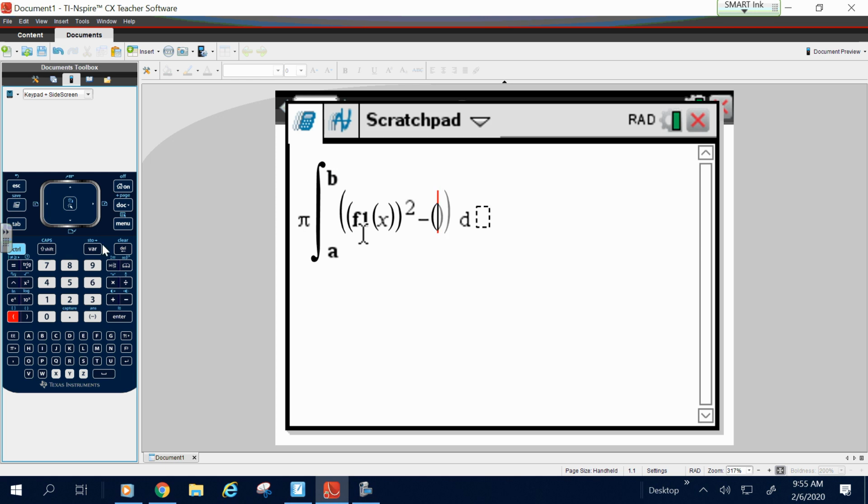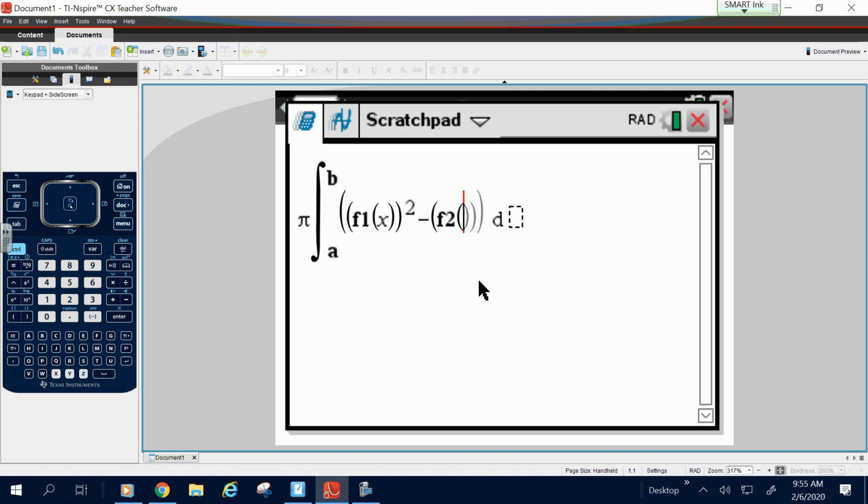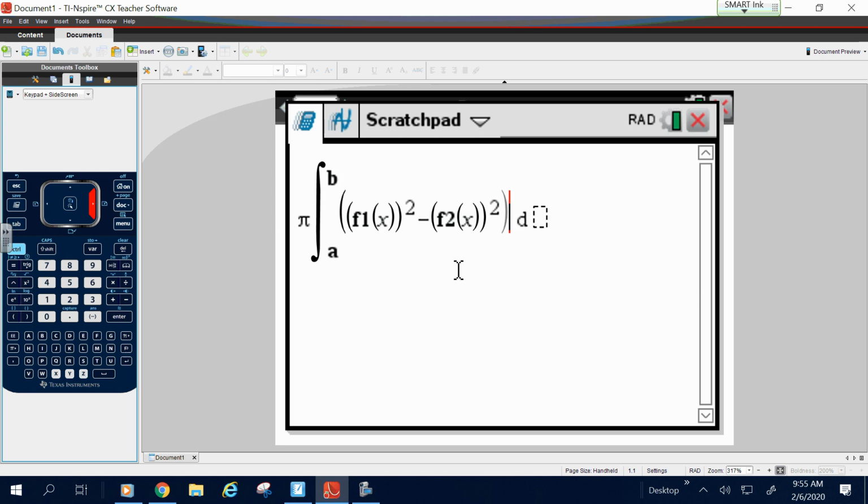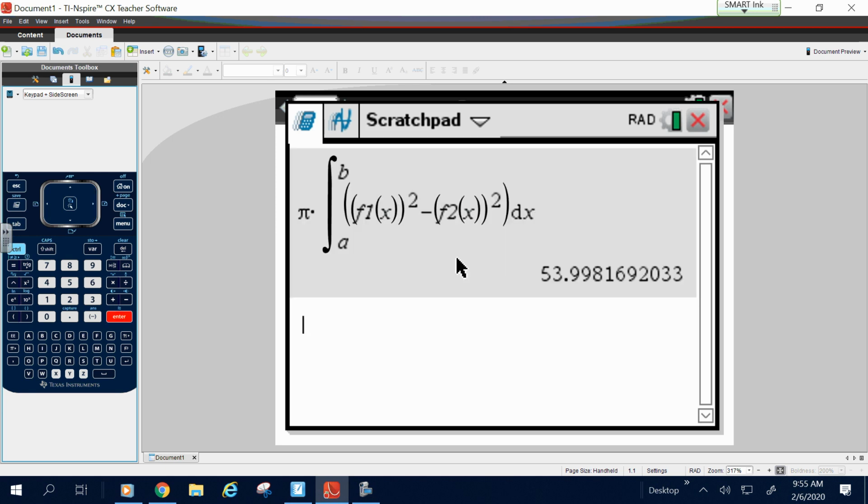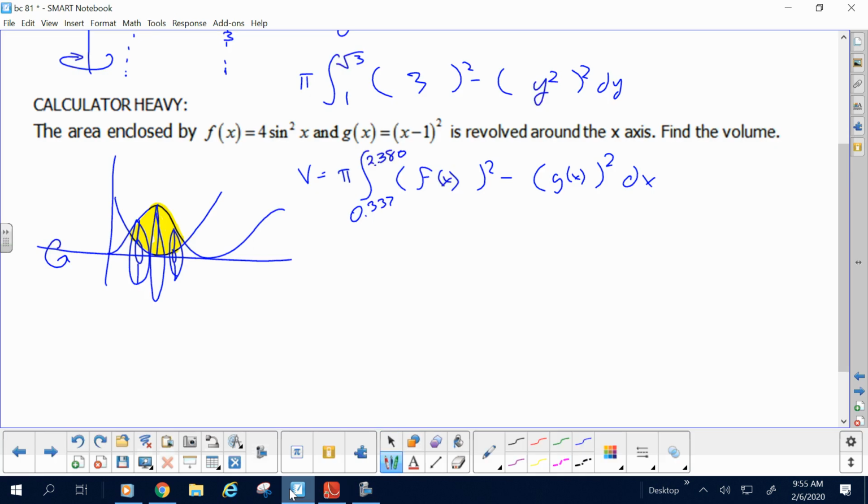This isn't a science class. You need not do sig figs. We assume there is the possibility of perfect measure. Did you get 53.998? I sure did. All righty then, this is 53.998, and we're done.